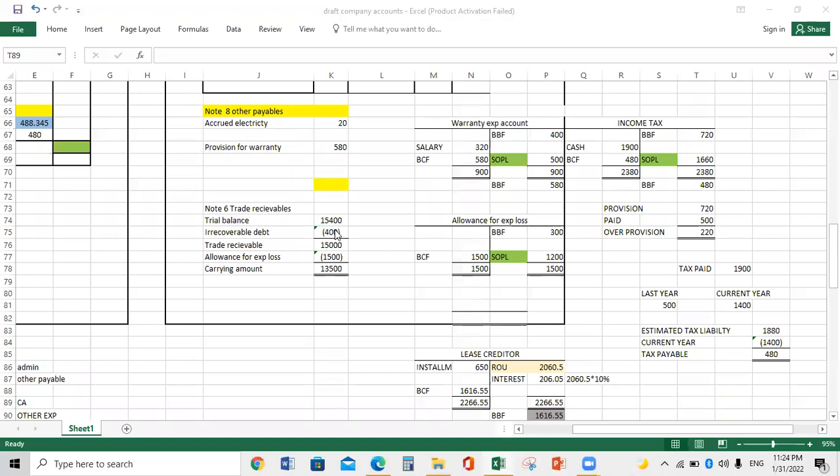Actually, guys, this 1,880 is the tax estimate for the current year. Out of that, you have already paid 1,400. So the payable is 480,000.